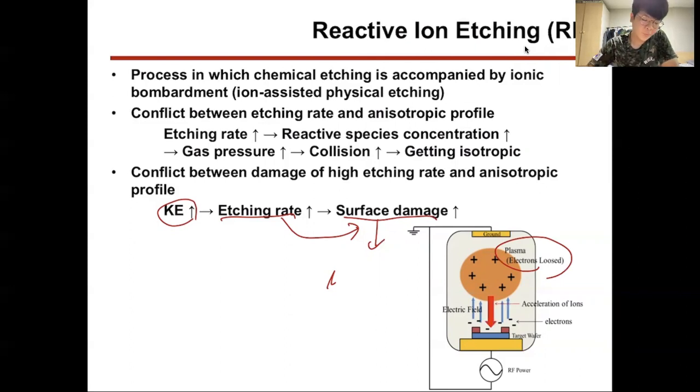So it causes mobility degradation because of lattice scattering as the surface is damaged. To prevent this trade-off, we also use chemical reactions, using a reactant gas. So there is another trade-off of using RIE. If you want to raise the etch rate, then the reactive gas will be concentrated on the etching target side.